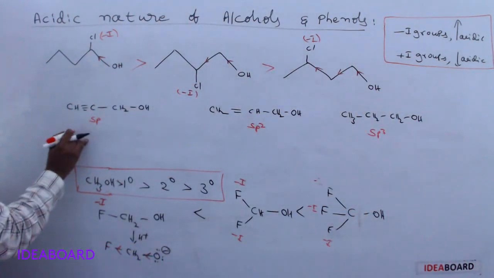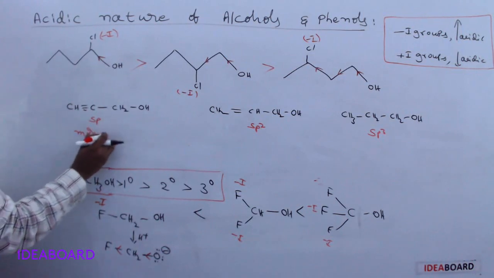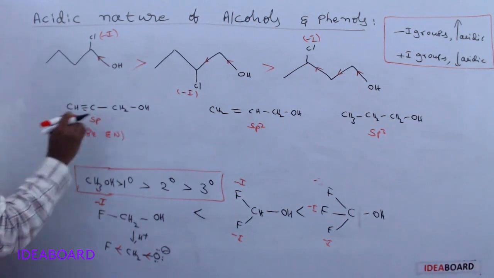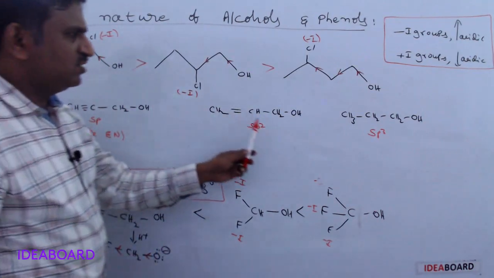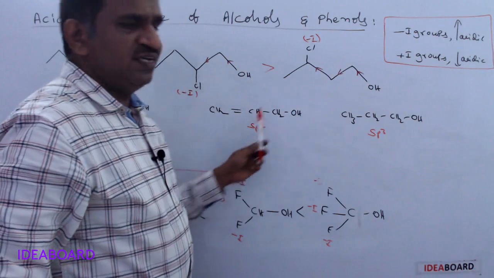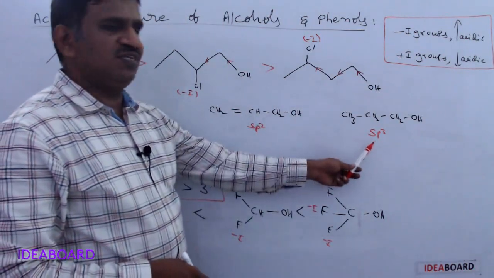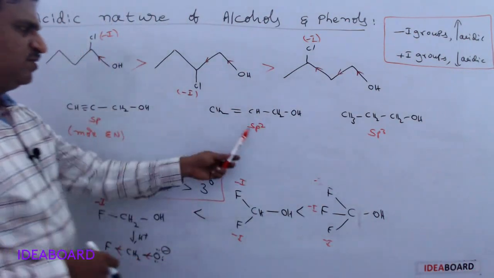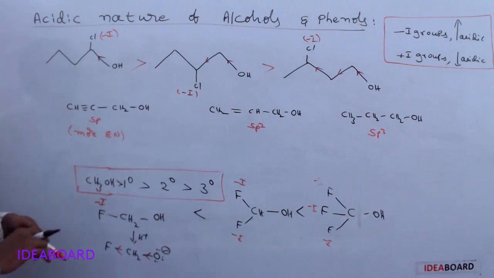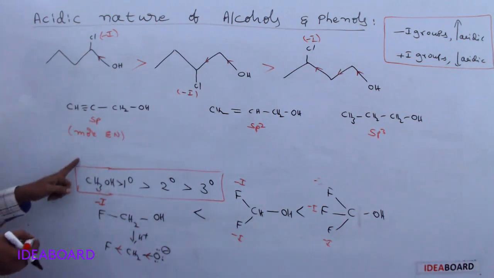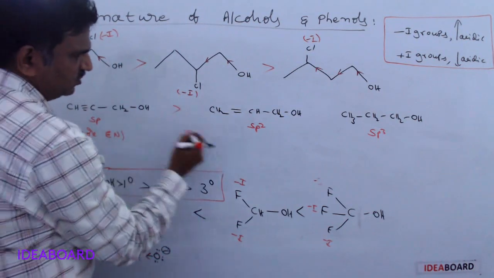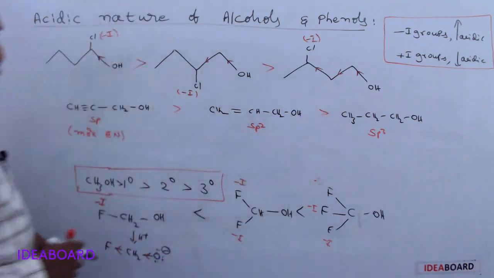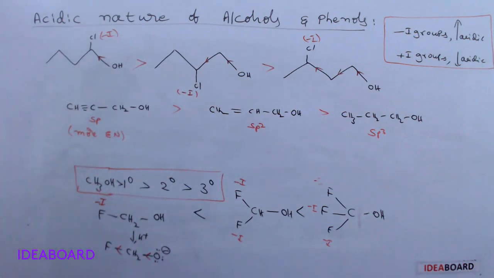Whenever an sp carbon is present, it is more electronegative. sp2 is less electronegative than sp, and sp3 is less electronegative than sp2. Whenever there is more electronegativity, there is more minus I power, so this one is more acidic and this is next. This is the acidic nature of alcohols.